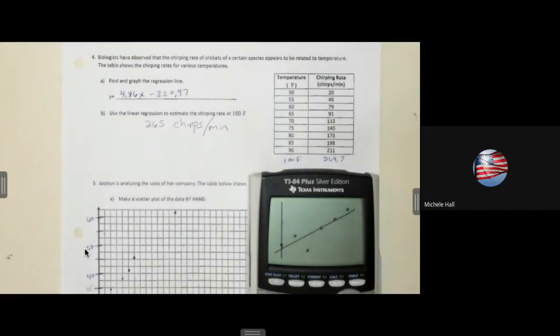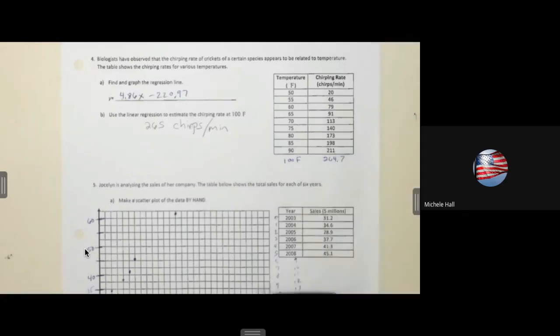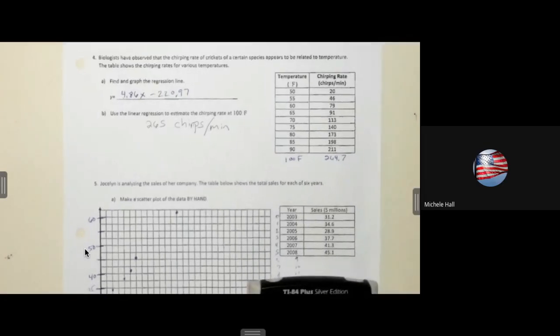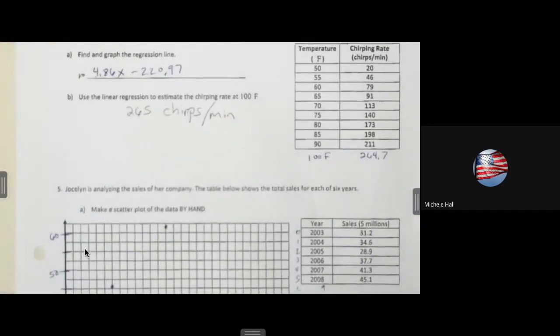Predict the sales in 2015. You need to figure out, what am I looking for then? X is what? Technically 6. So you mean you're going to look in the table of values at 6? Would that represent the year 2015?